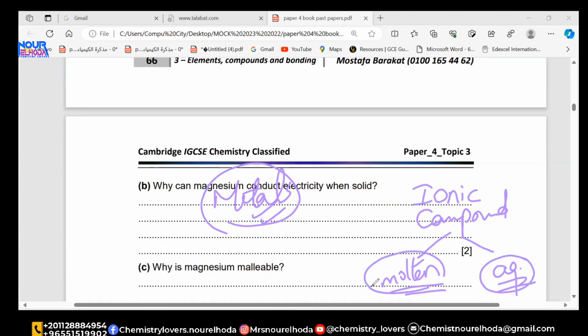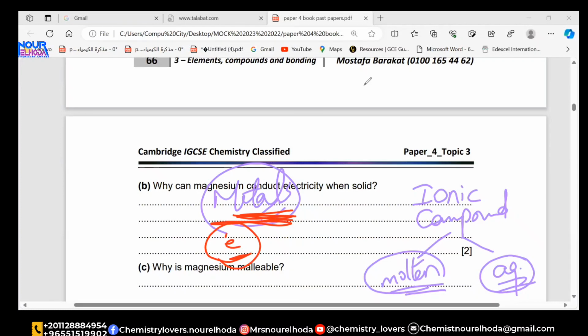Okay, if he asks you why does the metal conduct electricity all the time? I will say because they have what? Bravo, good job Yasmina, because they have free delocalized electrons. So metals always have, like when we draw it, we draw electrons, free moving electrons. Since they have these free delocalized electrons, that's why they conduct electricity.